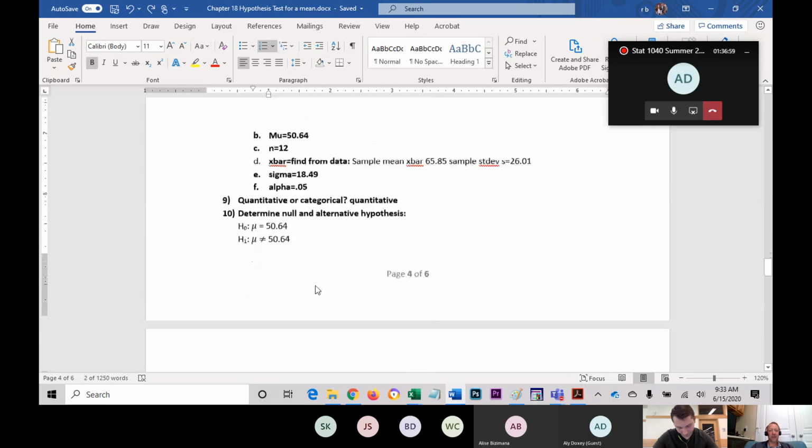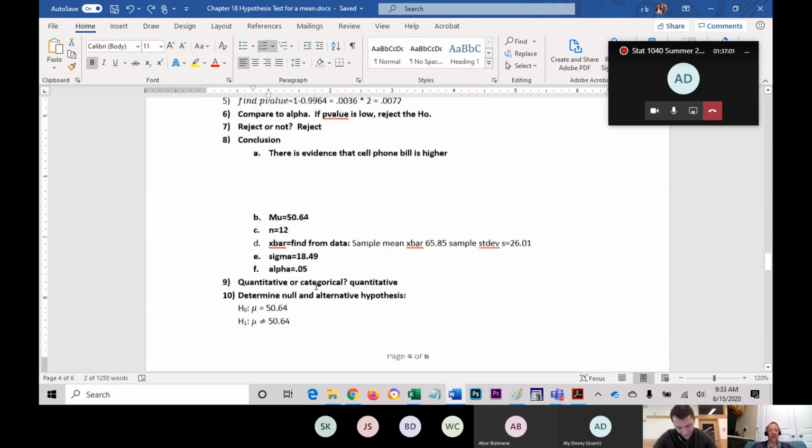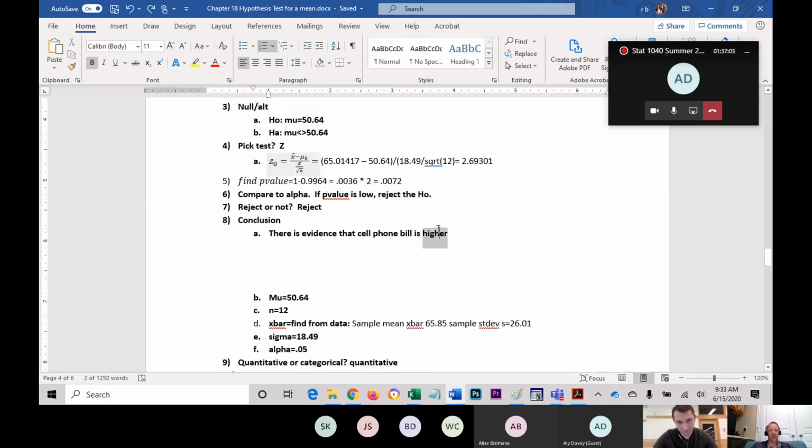But I was proud of Elise for saying higher, because there is evidence that the cell phone bill is higher, not just different. Even if you do a two-sided test, I would rather you said that there's evidence that the cell phone bill is higher or lower.